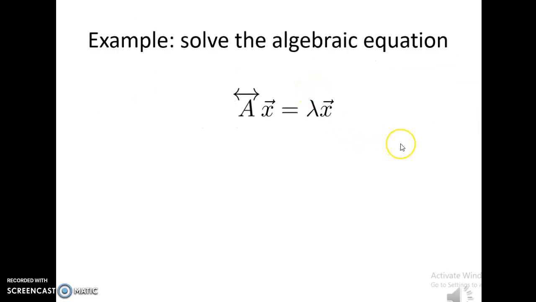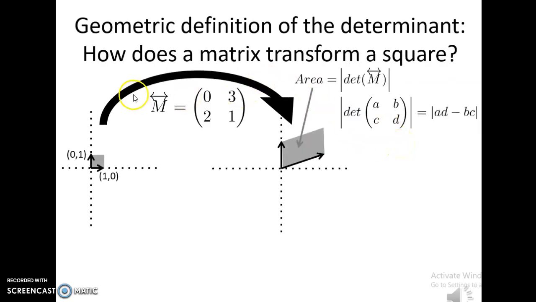Area. What is this asking? The geometric definition of the determinant. From this determinant, what is the geometric definition? How does a matrix transform a square?